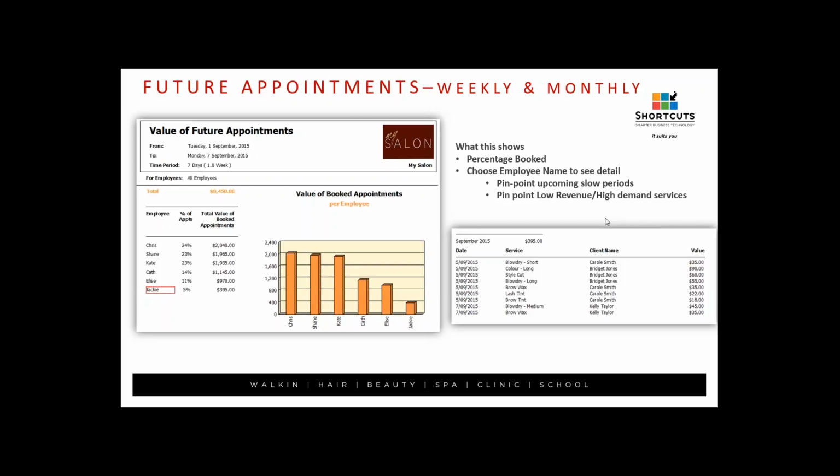When you click on a name, you're able to drill down. Down the bottom, we've got a drill down into the services that she's got booked. So choose an employee name, see the details, and then we can pinpoint upcoming slow periods and pinpoint low revenue, high demand services.